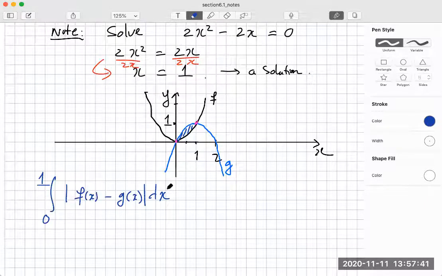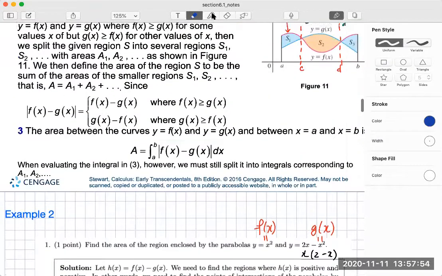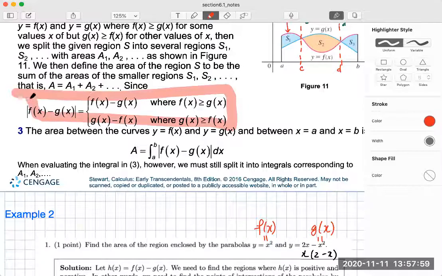In order to do so, we need to get rid of the absolute value sign, which means we need to determine which one is larger so that we can apply this here, right? If we know f is larger than g, then the absolute value of f minus g will be f minus g.